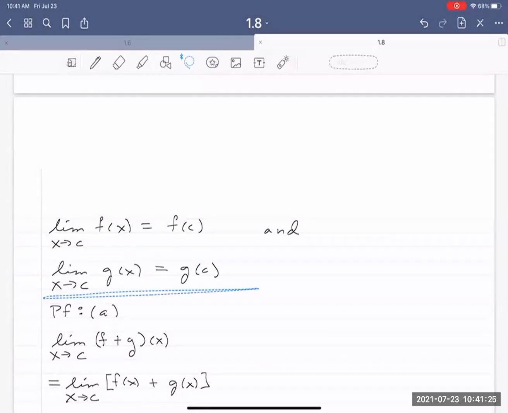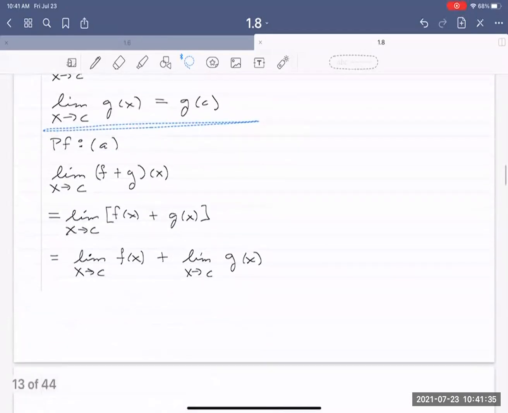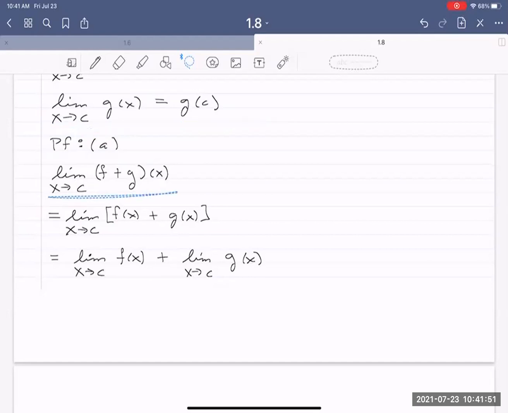Since g is continuous at c, then the limit as x approaches c of g of x is g of c. So let's look at the sum of continuous functions. The sum of these two functions will be continuous at c if the limit as x approaches c of f plus g at x is equal to f of c plus g of c.